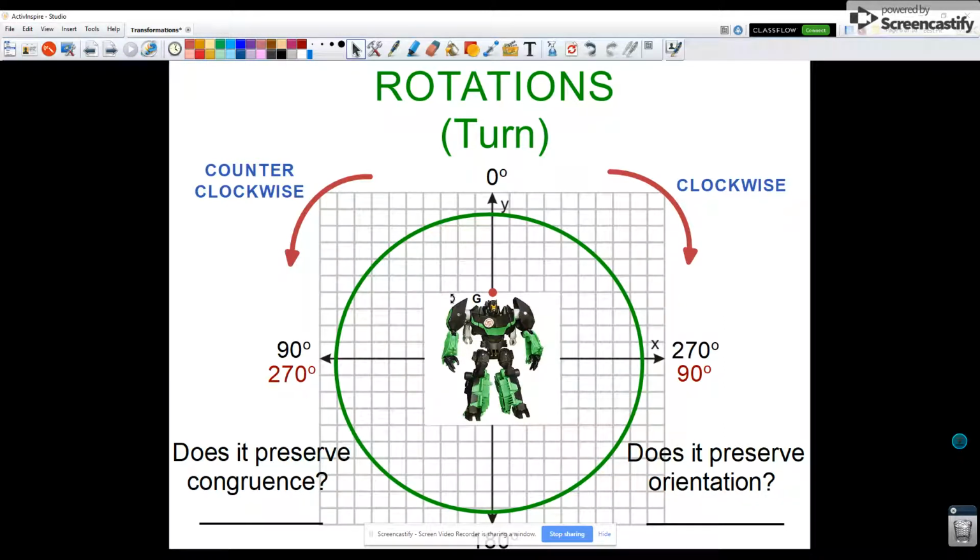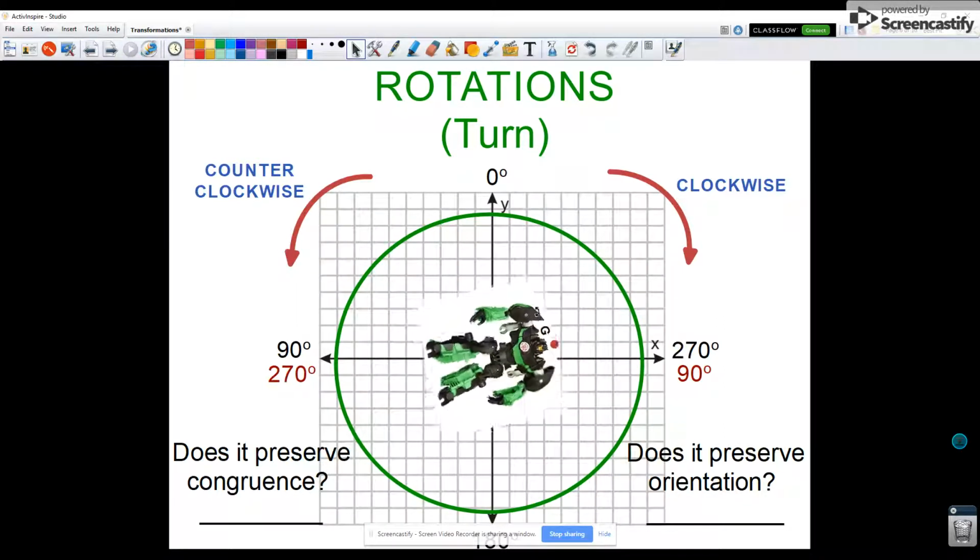Now, from his pre-image, say he was rotated to this new image, it can be referred to one of two ways. Grimlock was rotated counterclockwise 270 degrees or clockwise 90 degrees. Now let's discuss congruence and orientation.